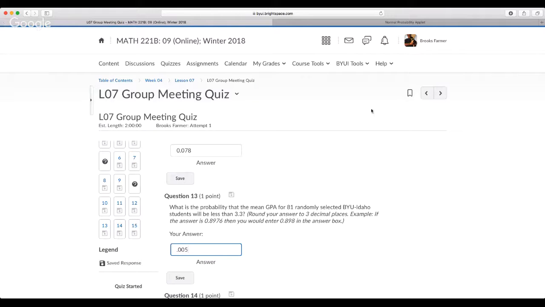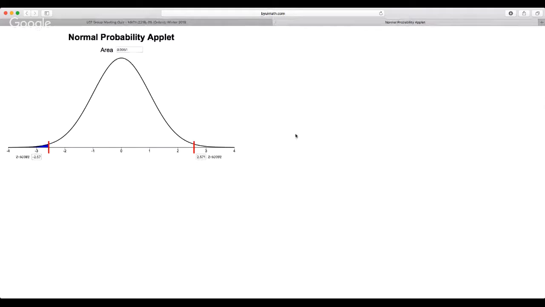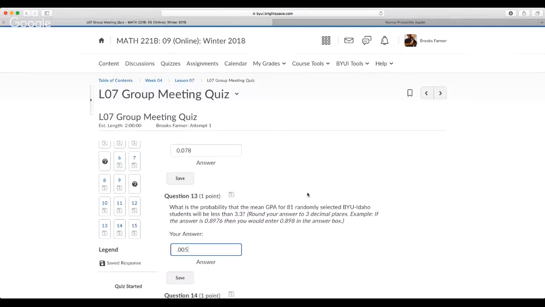You're taking the Z-score of negative 2.571, right? You have to highlight the right side. Make sure you're highlighting that left area. 0.005. Got it.